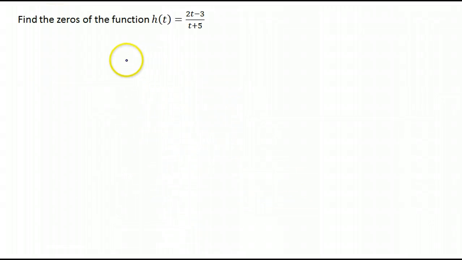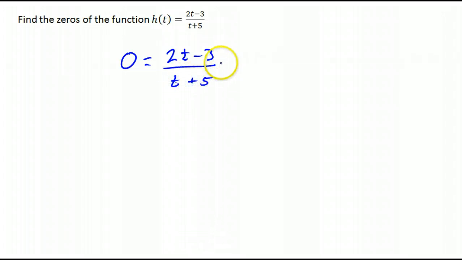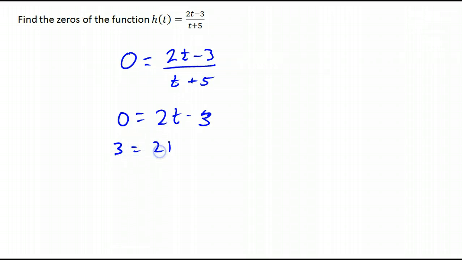Let's do it for this rational function, okay? Now, remember that for a fraction to equal 0, we only need to make the numerator equal 0. So I'm just going to set the numerator equal to 0. And I get 3 equals 2t. 3/2 equals t. Now you need to make sure that your answer is in the domain.